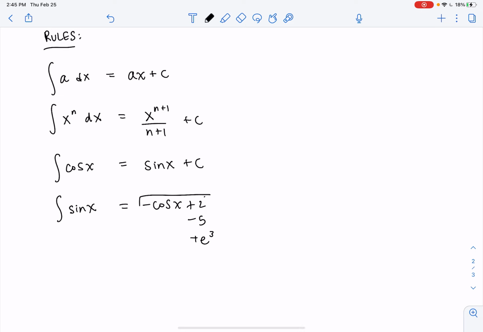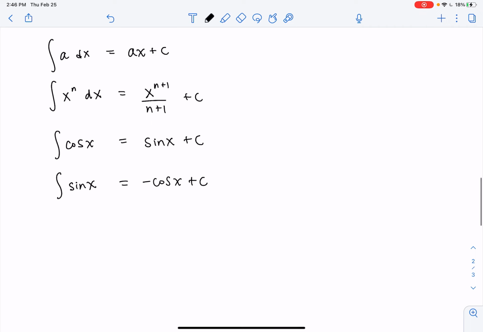And if I took the derivative of any of these, negative cosine x plus 2, negative cosine x minus 5, they would all give me sine x, because the derivative of that constant is 0, so that would go away. And so that's why we always add the plus c, to just keep in mind that the antiderivative could be any one of those constants.